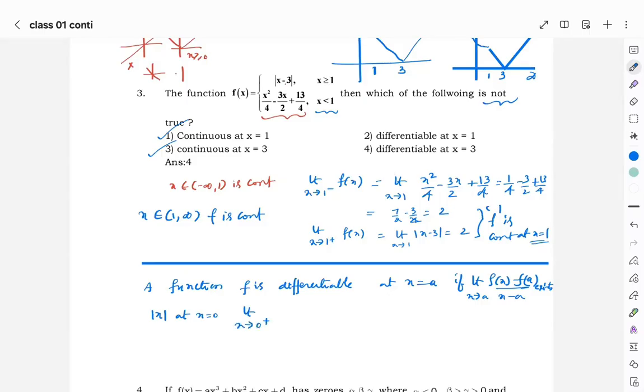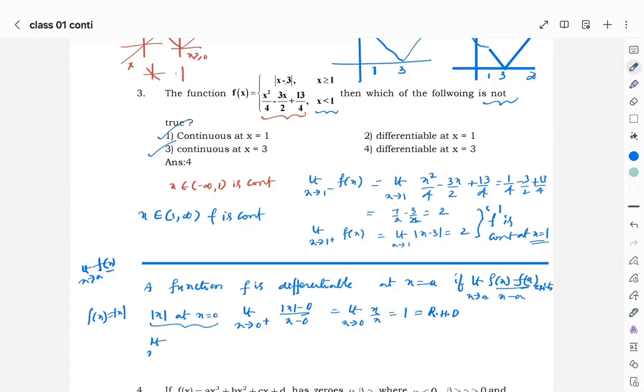Since it is a modulus function, for continuity we use only the function, but for differentiability we have a different expression. Tends to a means it can approach a from the right side or the left side. I want to check this function's differentiability at the origin. Limit of mod x minus f of 0 by x, where f of x is mod x and f of 0 is mod 0. For 0 plus, x will be more than 0, so you get 1. This is our right limit, the right hand derivative.